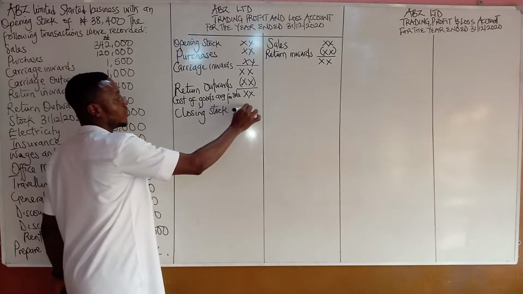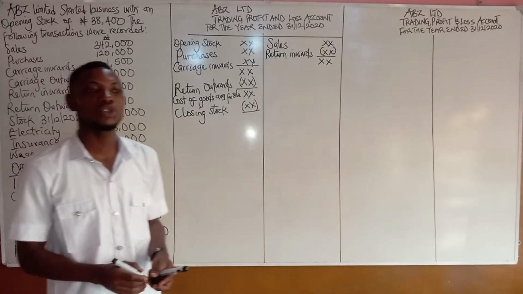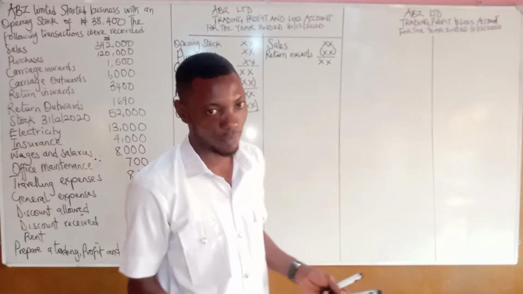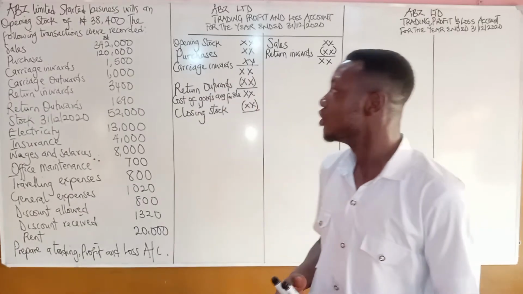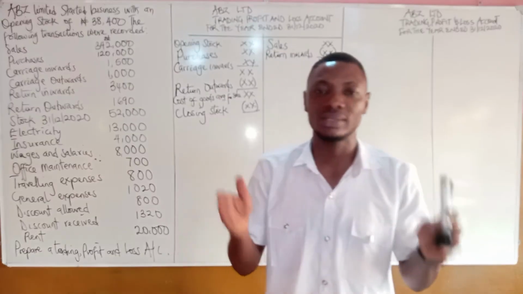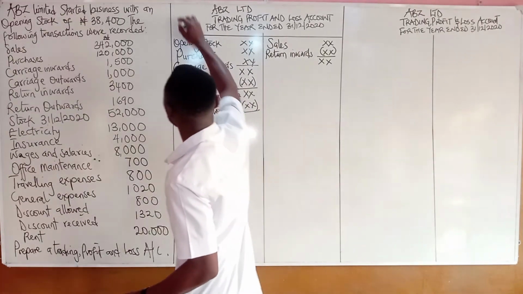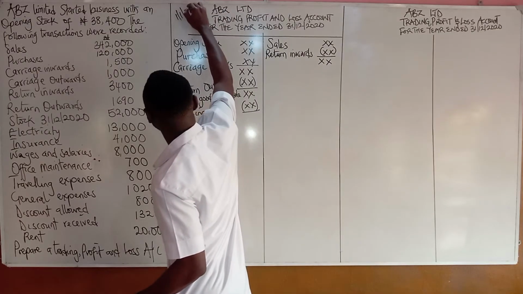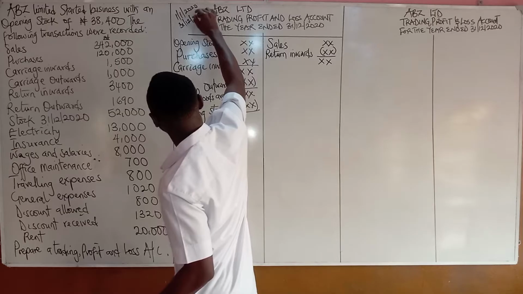Now, in some questions, they will actually tell you it is closing stock. In other questions, they will not tell you it is closing stock. You will have to differentiate between opening stock and closing stock with the date. Now, say we have 1st 2020 and we have 31st 12 2020.